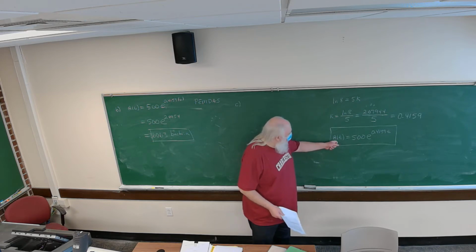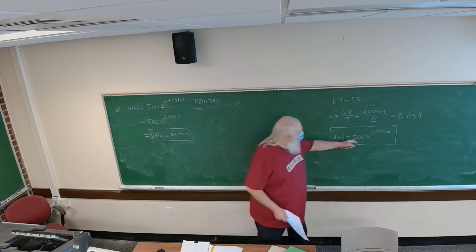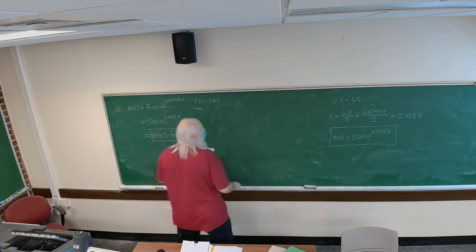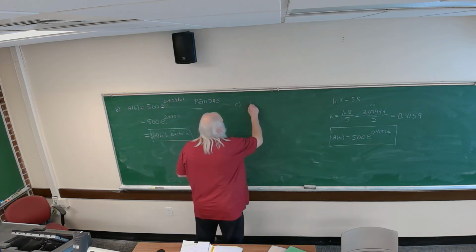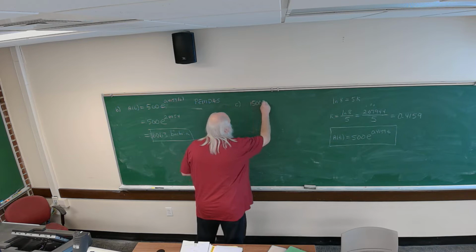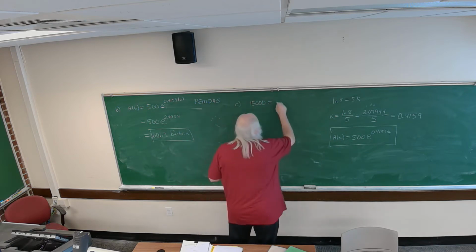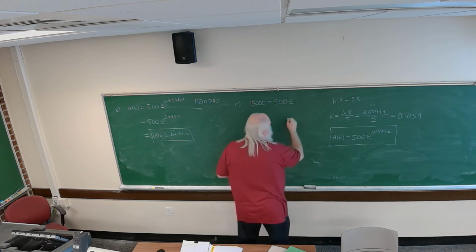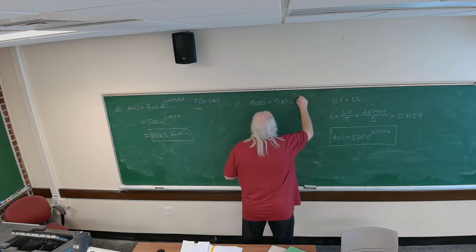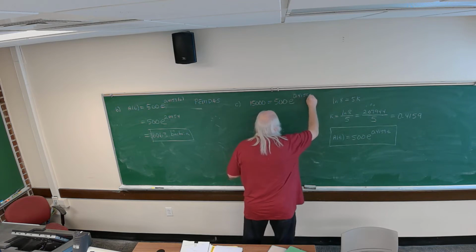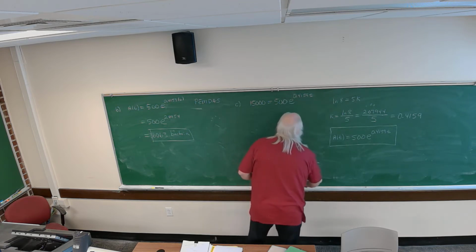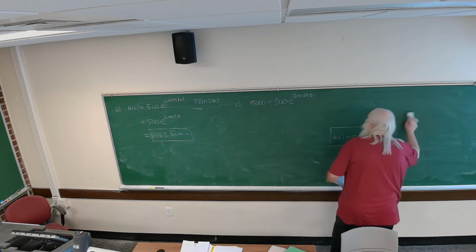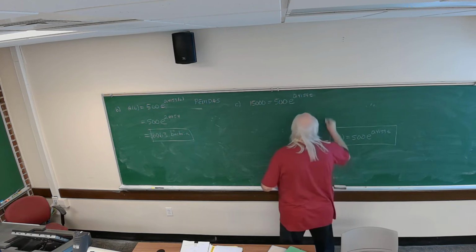So we replace A of T on the left with 15,000 and then solve for T. So we have 15,000 is equal to 500 times e raised to the 0.4159 T power. Solve for T.